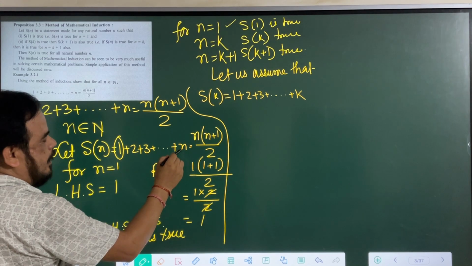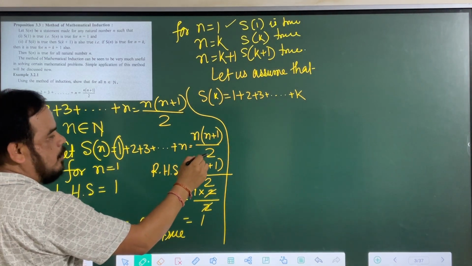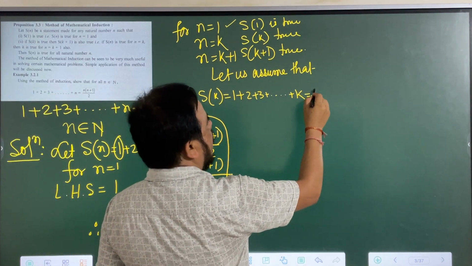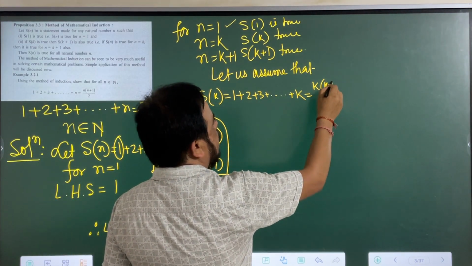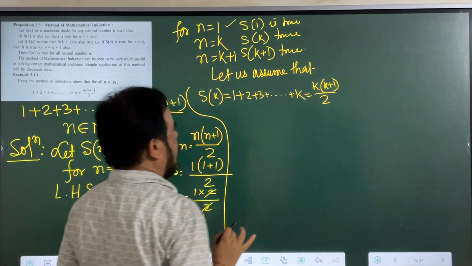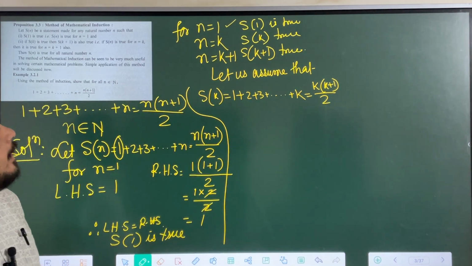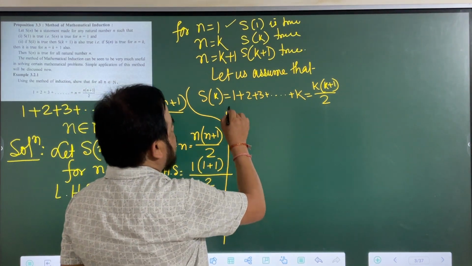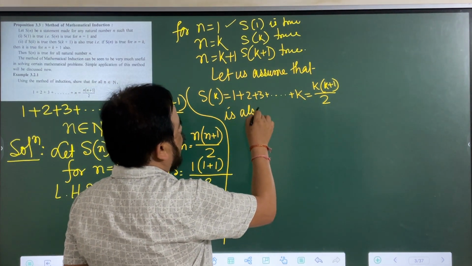Sn is n into n plus 1 by 2, so in place of n now I have written k. So here it is k, and after the equal sign also k into k plus 1 by 2. I hope you understand. Let us assume that Sk is true.